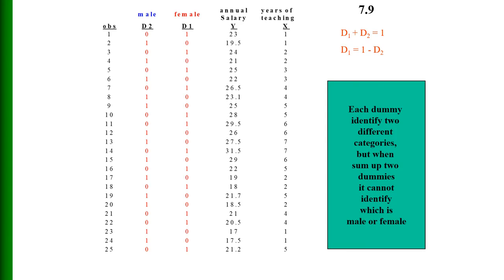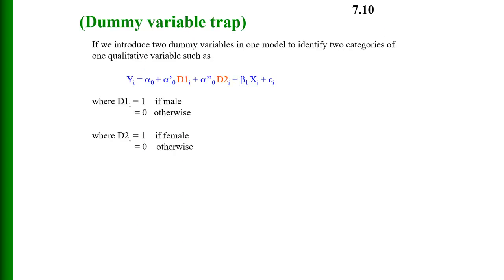So each dummy identifies a category, but when we sum up two dummies, it cannot identify which is male or female. So we must be very careful.